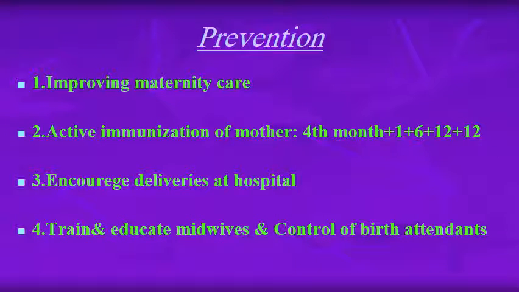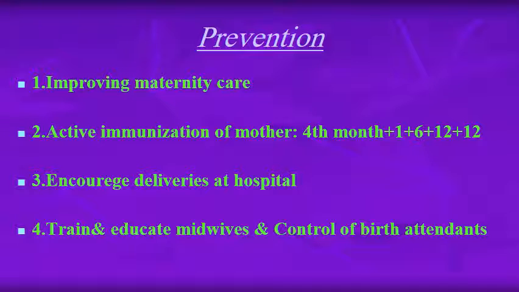Prevention: 1. Improving maternity care in the hospitals, and this includes all the details of maternity care. 2. Active immunization of mothers. We give tetanus toxoid to the pregnant woman, preferably in the fourth month of pregnancy.